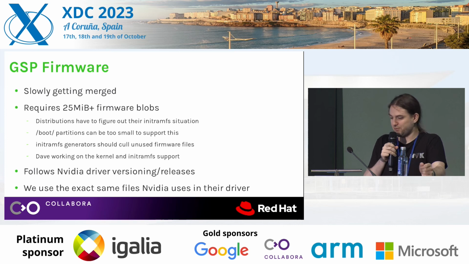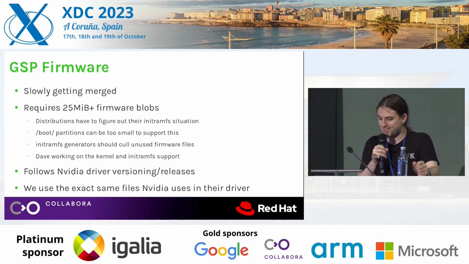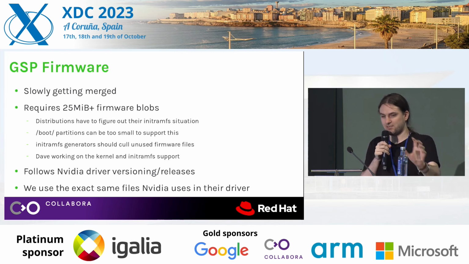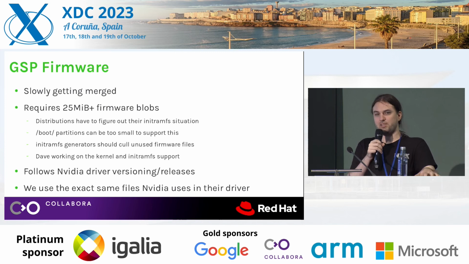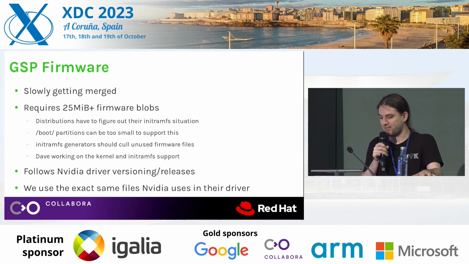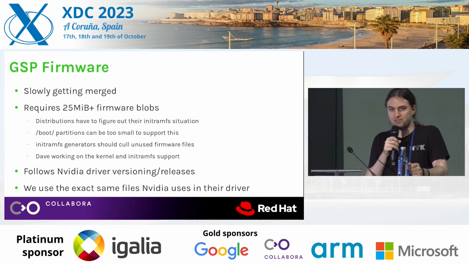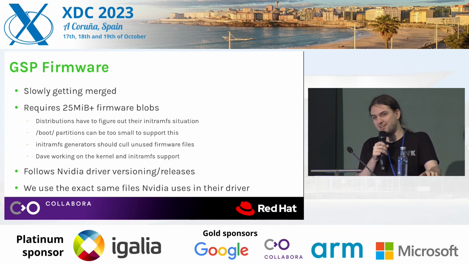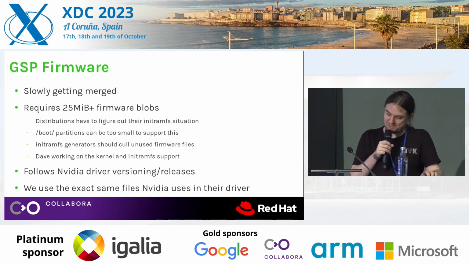This will be a huge problem for distributions if they don't change the way they are handling firmware files. Currently, for example, Fedora has 3 kernels installed with 3 init RAMFS files. So we already have 150 megabytes just wasted on the firmware files. If your boot partition is 1 gigabyte big, you can run out of space soon.